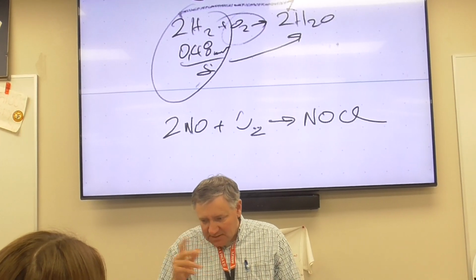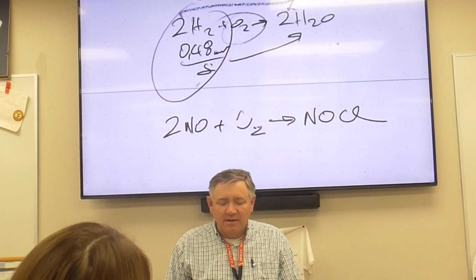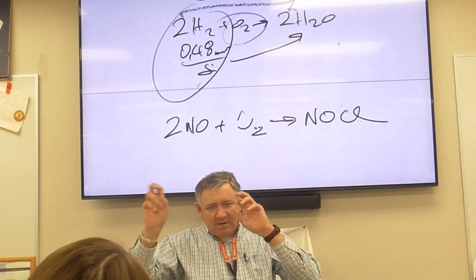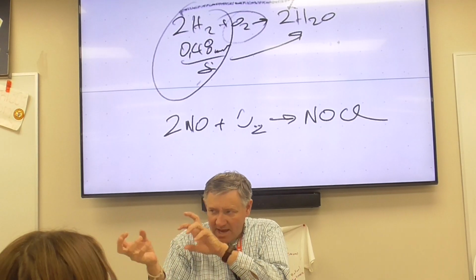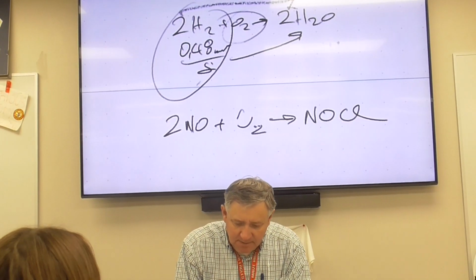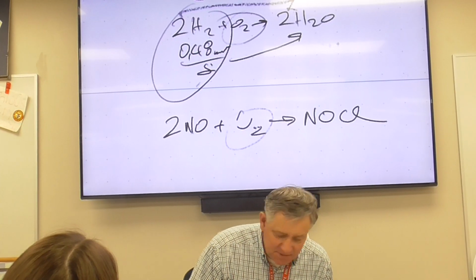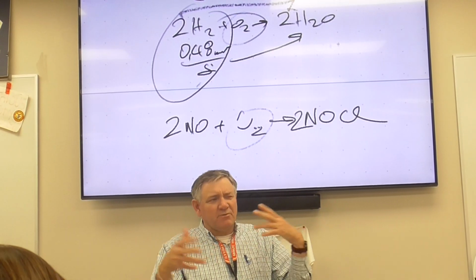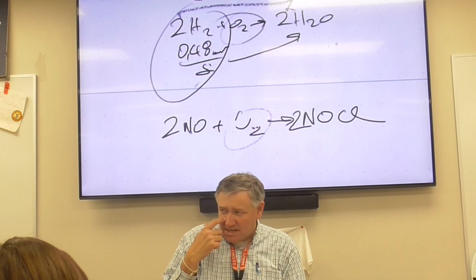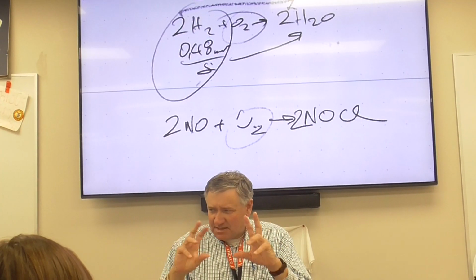Now, it's kind of handy if you can visualize how this reaction is taking place. So you've got 2 nitrogen monoxides that are floating around, and they're going to have to collide just right with the oxygen to produce 2 NOCl. Okay? And this is what we're going to talk about today. This type of reaction is actually fairly rare, mainly because it's like a lock and key.